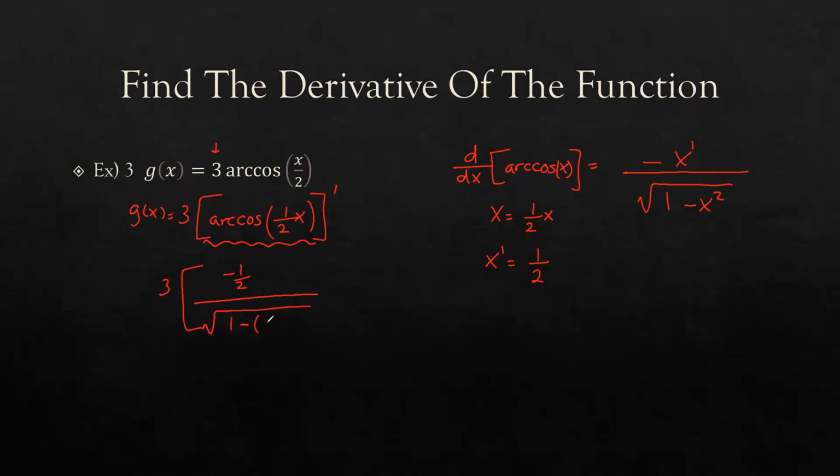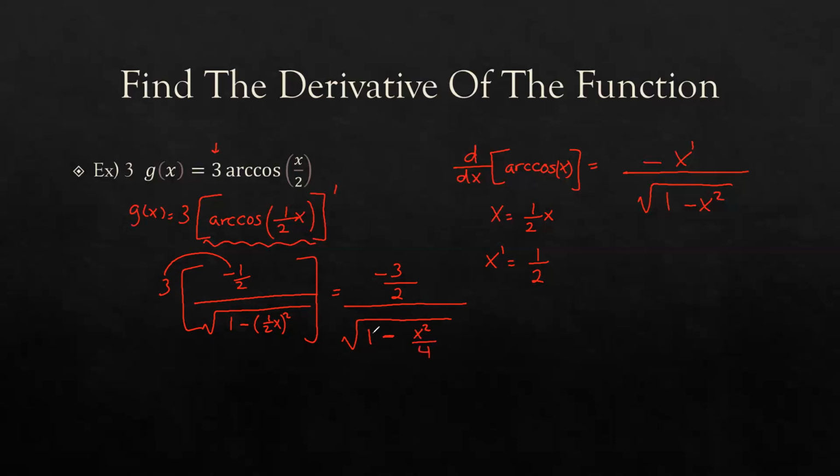So my x is 1/2 x, and square that. Then distribute the 3, so that's 3 times negative 1/2, which is negative 3/2. And then this is 1 minus (1/2 x) squared, which is x squared over 4.